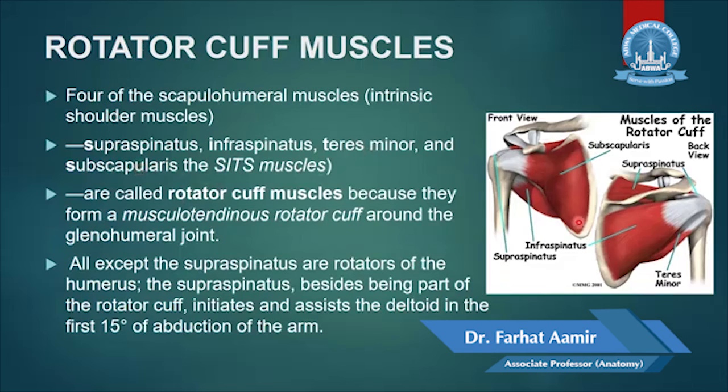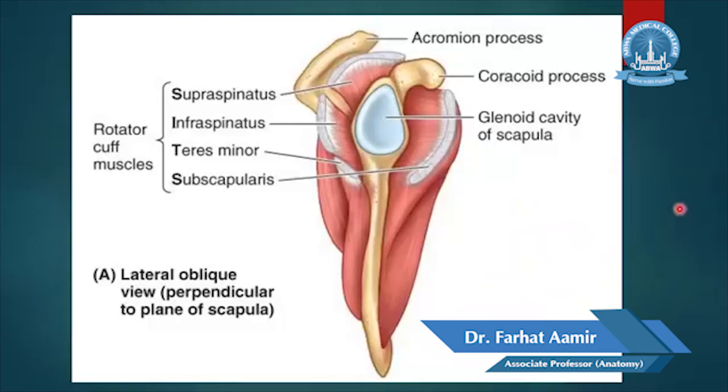See here in this diagram, this is subscapularis, this is supraspinatus, infraspinatus, and teres minor muscle. They are forming the rotator cuff around the shoulder joint. That's why they are named rotator cuff muscles or SITS muscles. See here in this diagram, this is the glenoid cavity of the scapula.